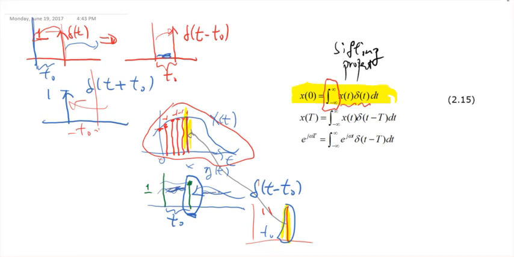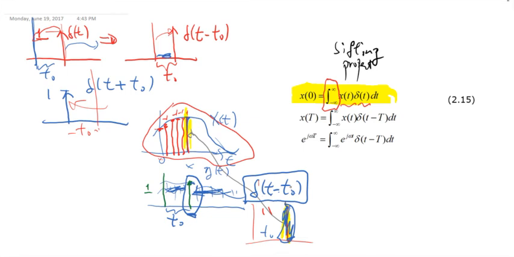None. There is none, because this signal is just delta t minus t naught. Only this one exists here, so what we get is only this one.